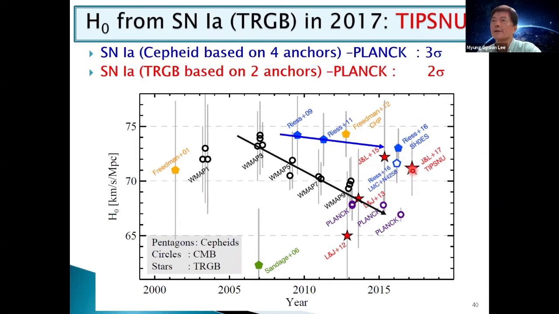And the errors are larger than the others. So this measurement is consistent with the SH0ES values and also the Planck values. But we need to decrease the error of this one. So later, CHP and us started a collaboration.